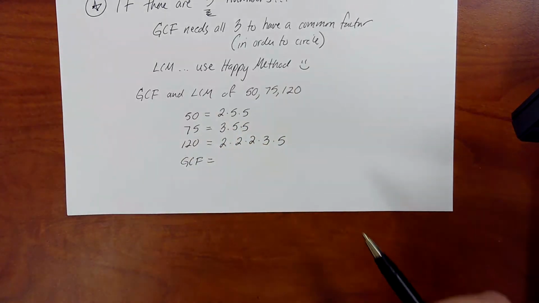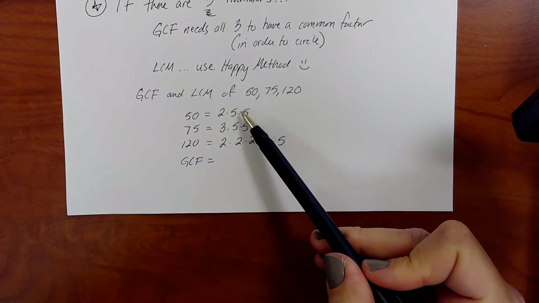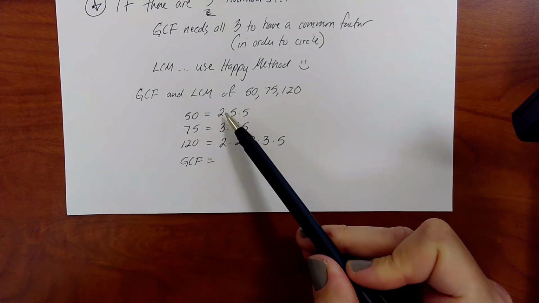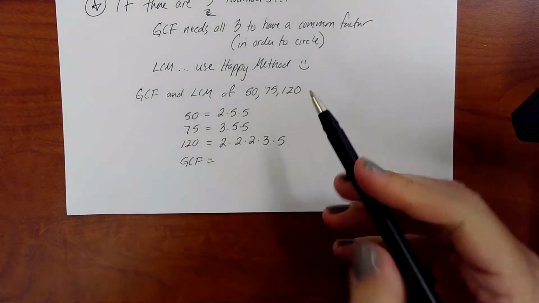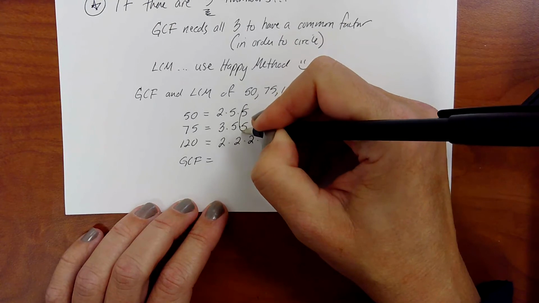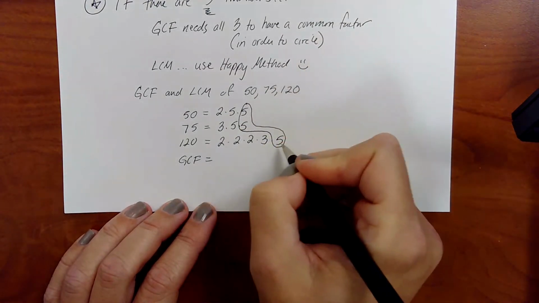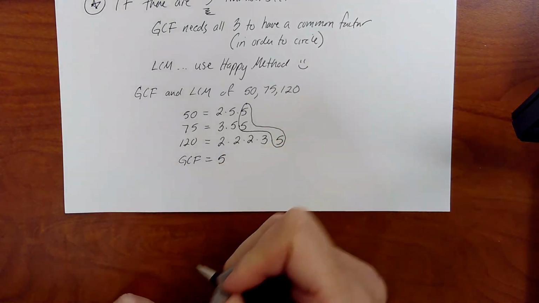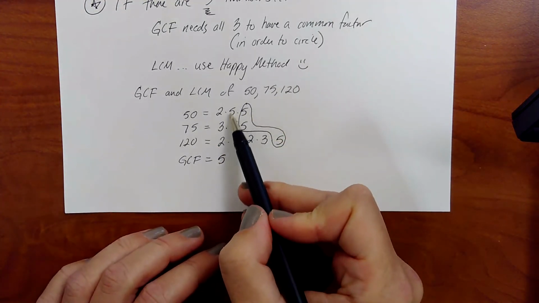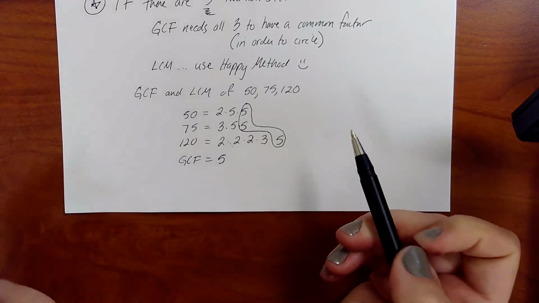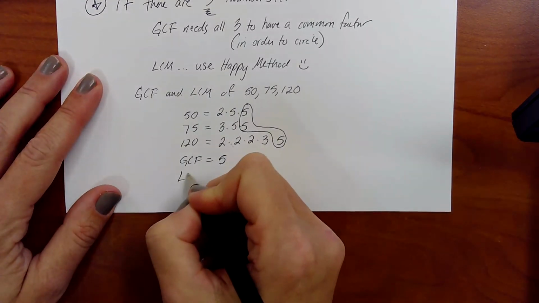For the GCF, all three have to have the factor. So this doesn't have a 2, I can't circle a 2. Ooh, it looks like they all have a 5. So the GCF is 5. We're done. If we could circle another one that they all had, we would multiply them together, just like normal.